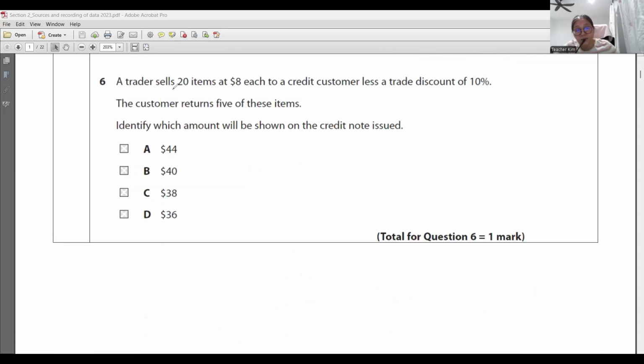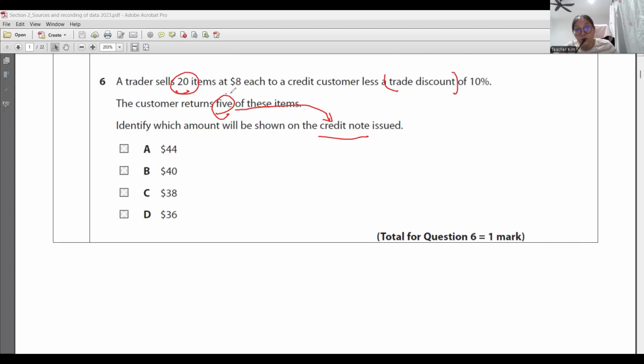A trader sells 20 items at 8 each to a credit customer less trade discount. Trade discount is to encourage the customer to buy more. The customer bought 20 and now returns 5. Identify which amount will be shown on the credit note. The credit note refers to the goods returned.